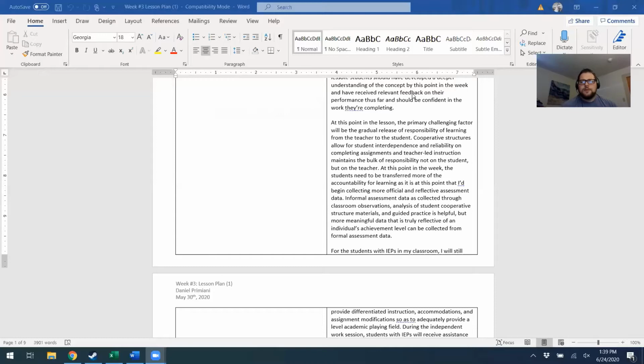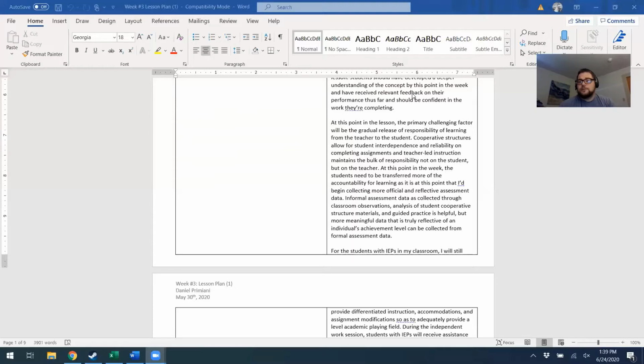I'd be collecting more official and reflective assessment data. That introduction data may be collected through whatever assignments are assigned over those first 2 initial days. There's so much teacher modeling and assistance that it's hard to truly gauge where the students are at this point in the week.